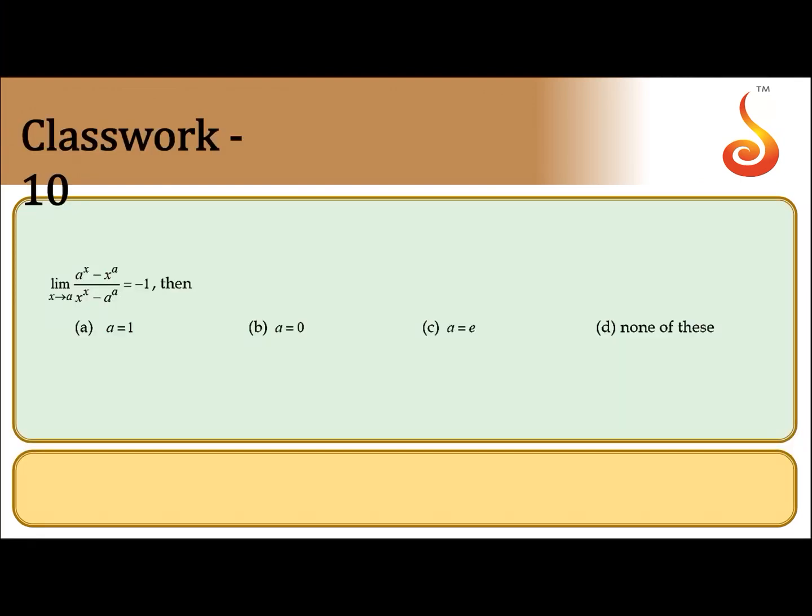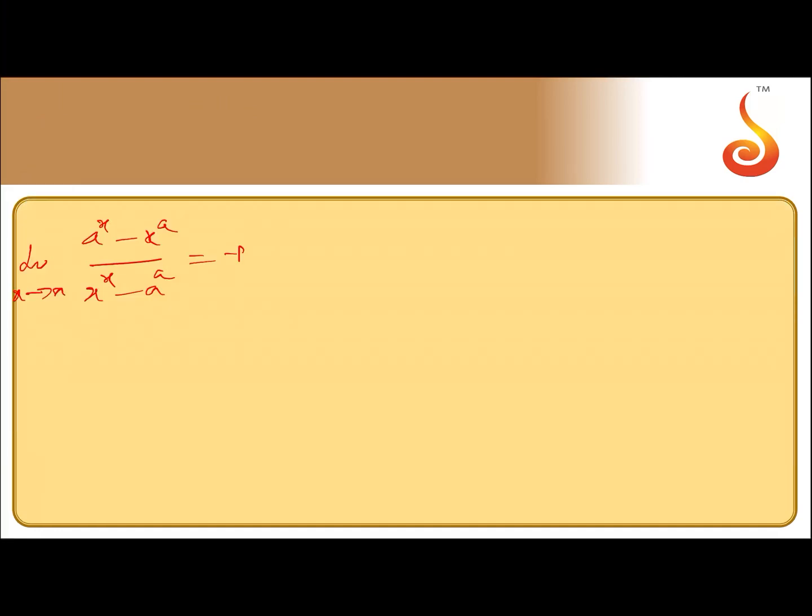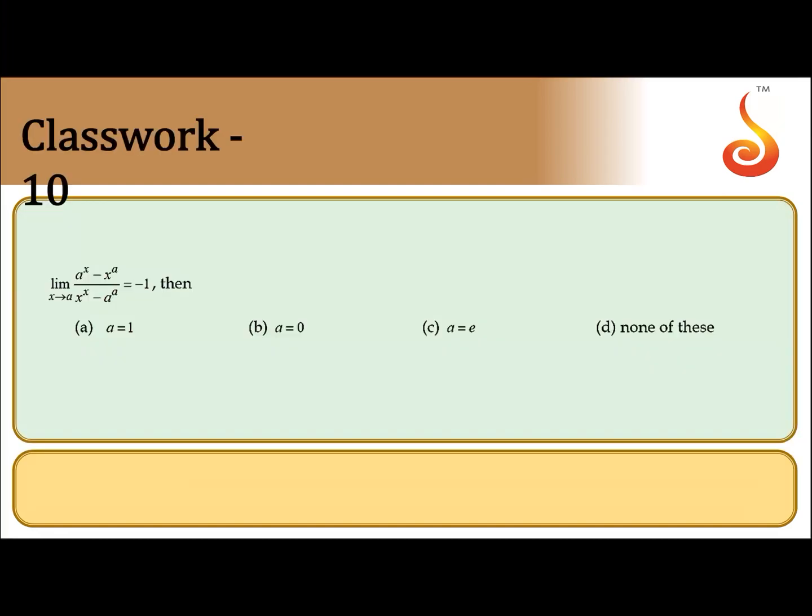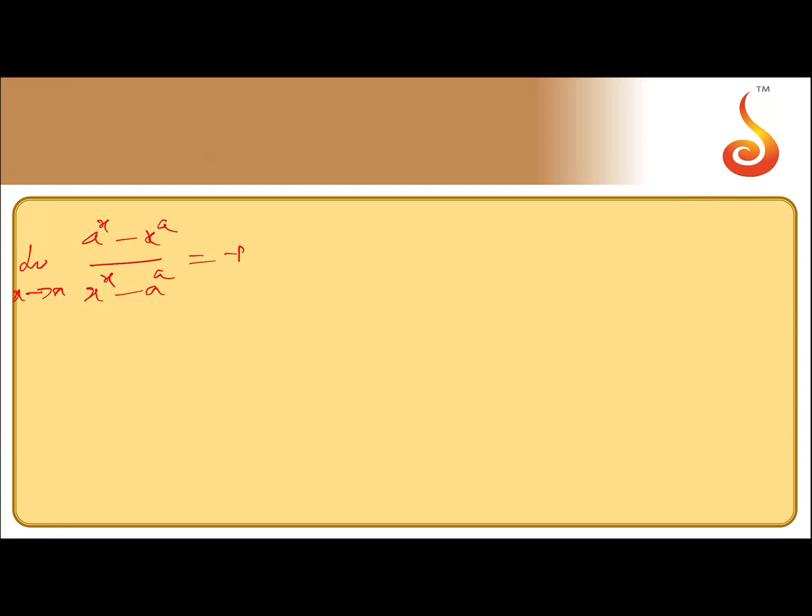I think you can go for simplifying this one as x tends to a. When I substitute x equals a, the limit is in the form of 0/0. Therefore, I can proceed by the derivative method.